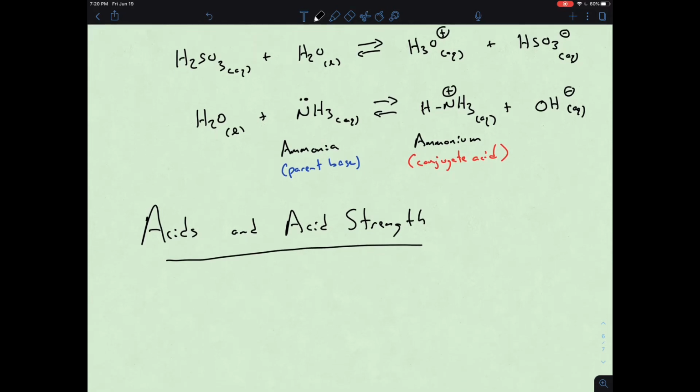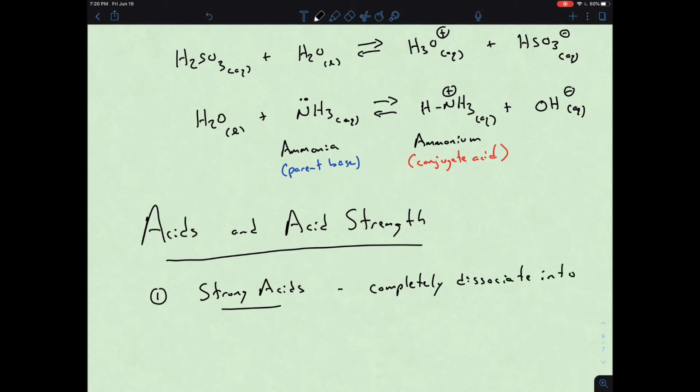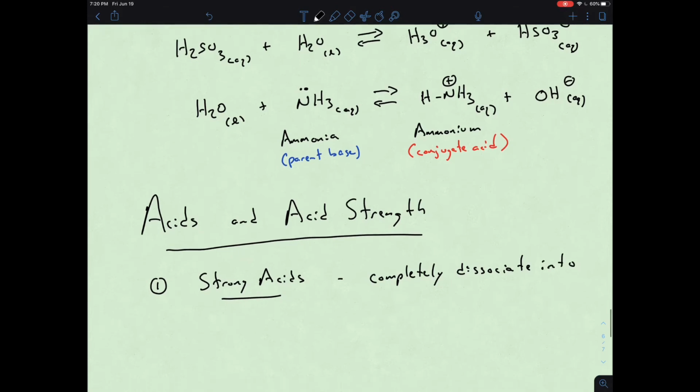So we have two sides to it. We have strong acids. Strong acids completely dissociate into water. This occurs because of the conjugate and its stability.